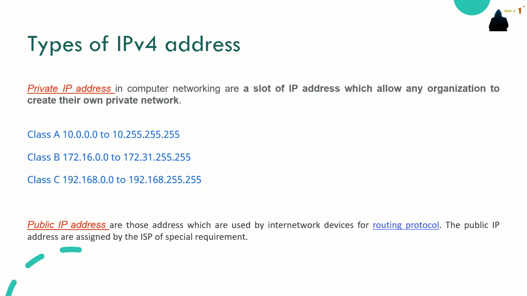In this situation, a company buys, for example, 10 or 20 public IP addresses and uses private IP addresses between users in the company, and translates private IP addresses to public IP addresses by NAT, and can get access and connection to the internet or the world.